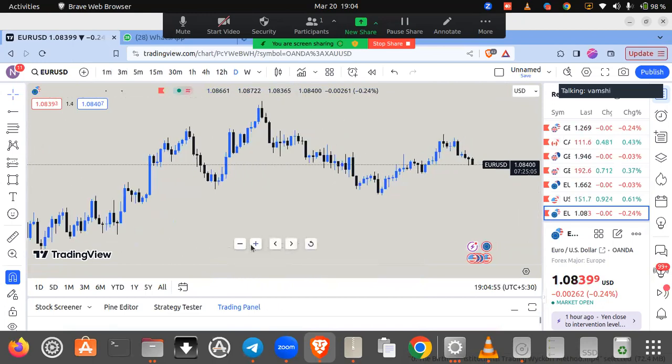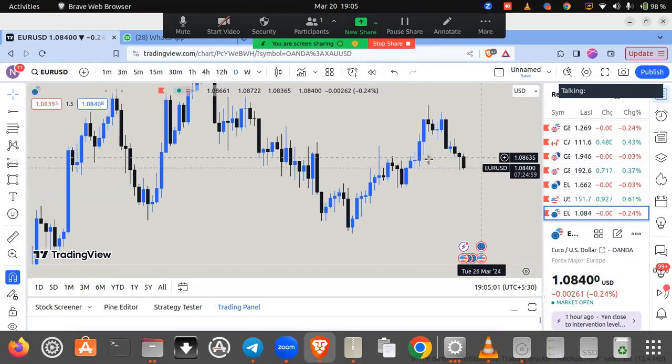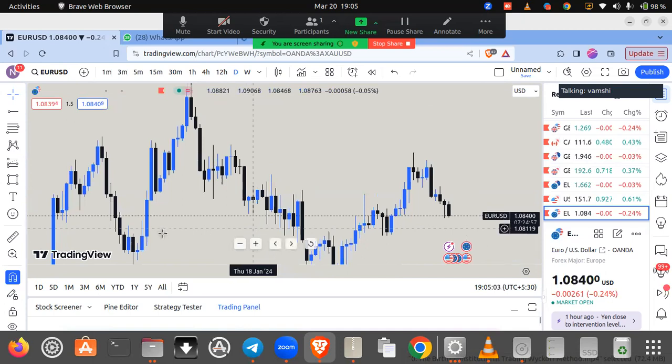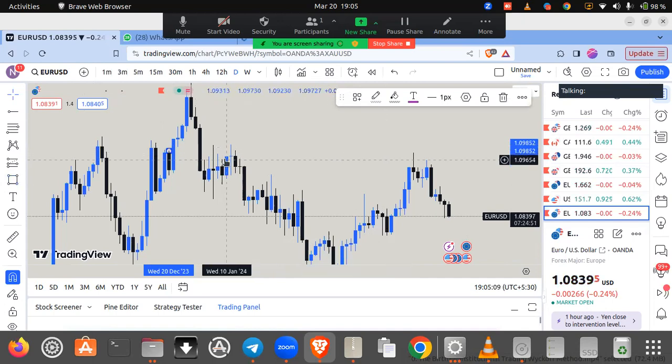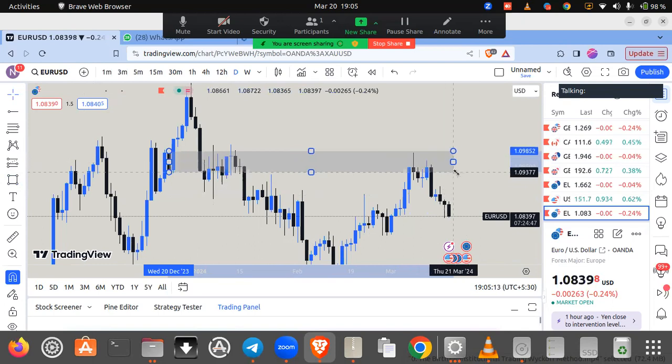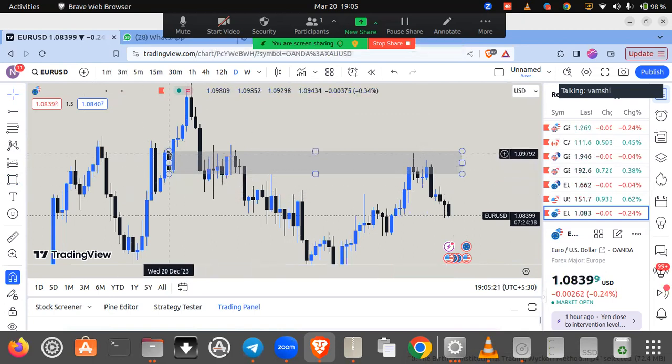Here, as you can see, we are on EURUSD on the daily time frame. I'll show you an example of a high liquidity zone. You can see that I marked an engulfing buy zone.